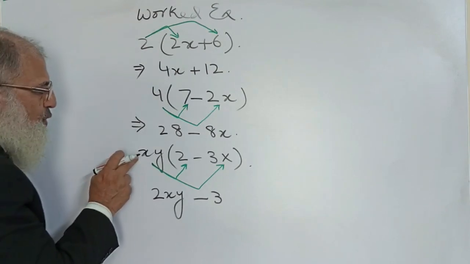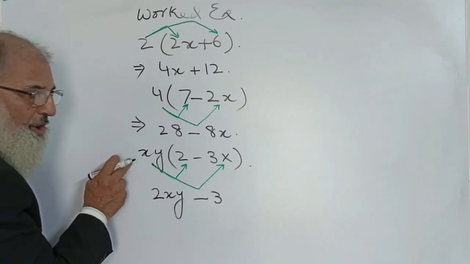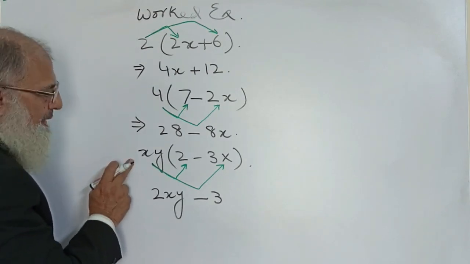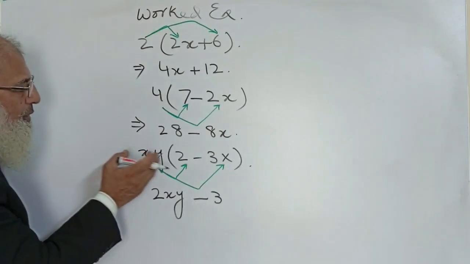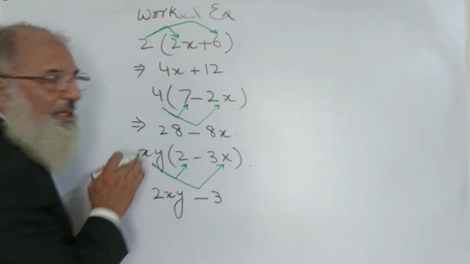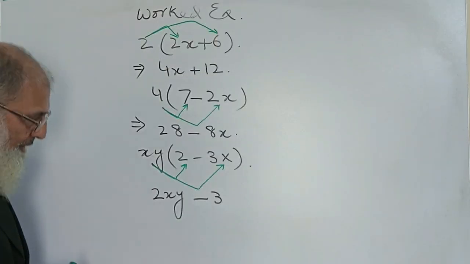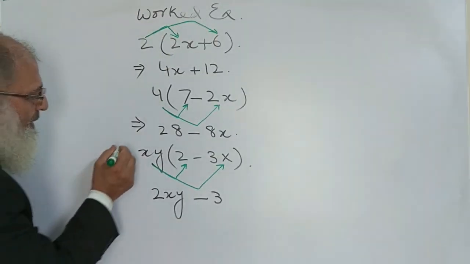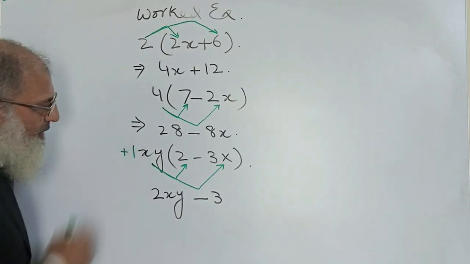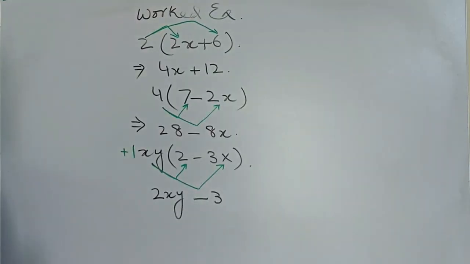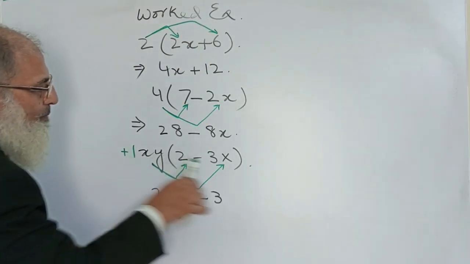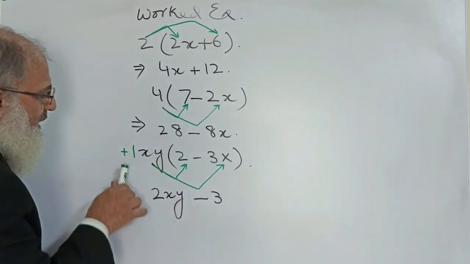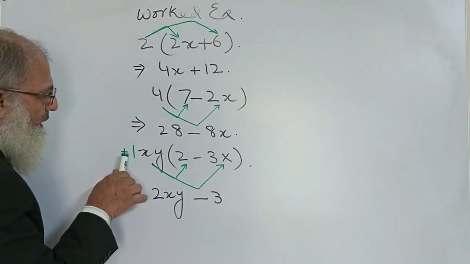Here 1 is also written over here, which has been abolished, because we understand that if nothing is written prior to the variable, that means it is 1. In fact there is plus 1 written over here. Now 1 multiplied by 2 is 2, and the sign was positive.